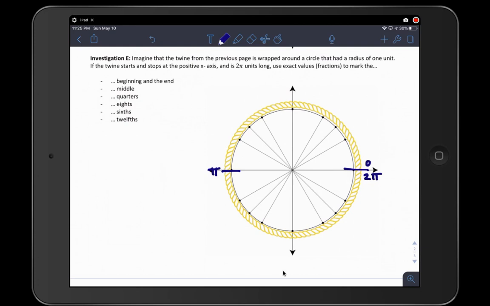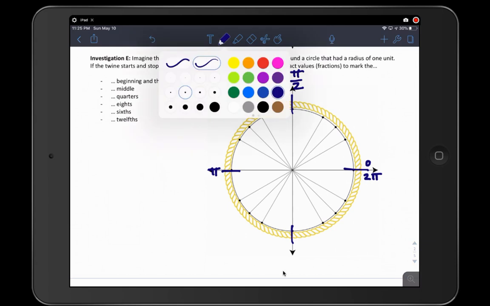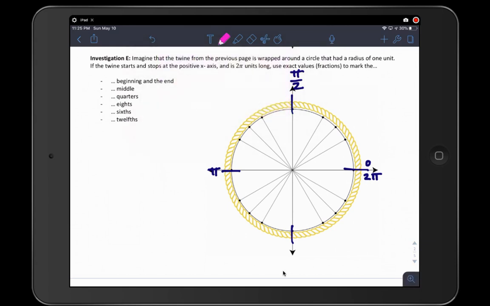Okay, so hopefully you tried it. Let's do it. So I love doing this. So halfway, we're going to mark our next marks here. This is going to be pi over 2. Okay, and then in between here and here gets a little bit tricky, but you can think about it as you are adding pi over 2, or you're adding 1/2, right?